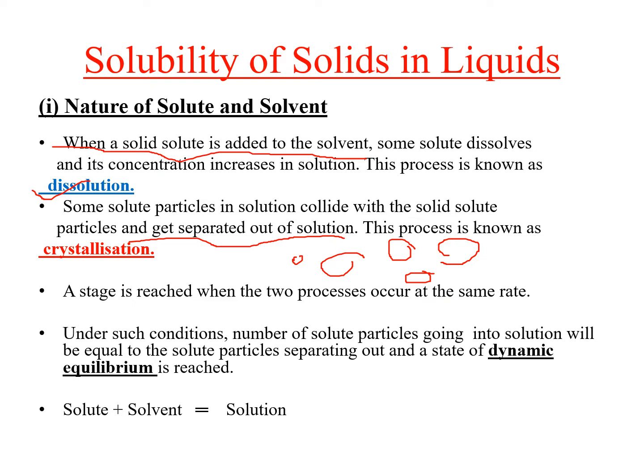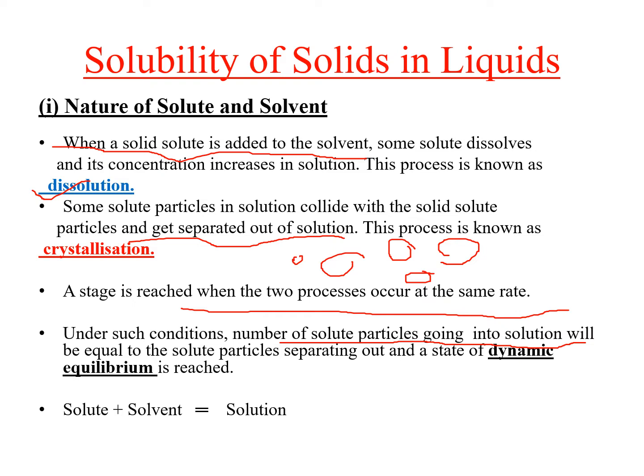Now a stage is reached when two processes occur at the same rate. After crystallization begins, a state is reached when the two processes occur at the same time. Under such condition, the number of solute particles going into solution will be equal to the number of particles separating out, and a state of dynamic equilibrium is reached.